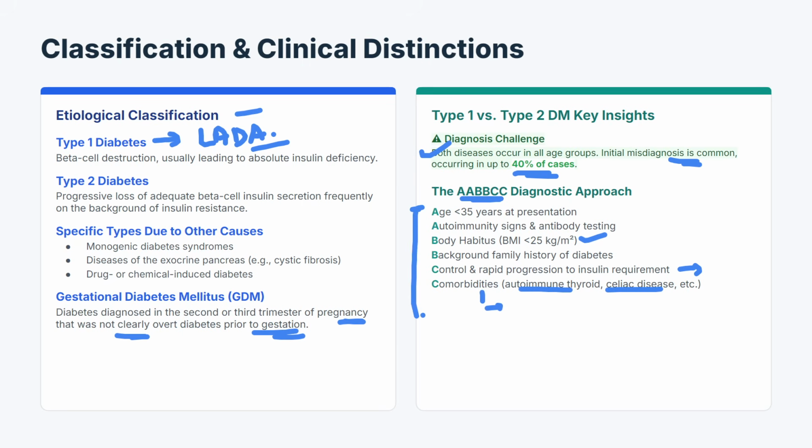So all these factors are typically associated with type 1, and this can be used to distinguish type 1 from type 2.